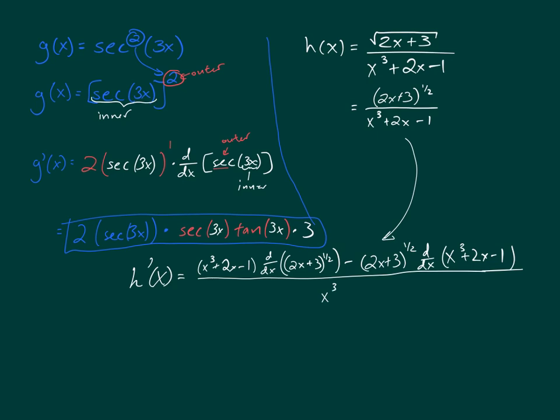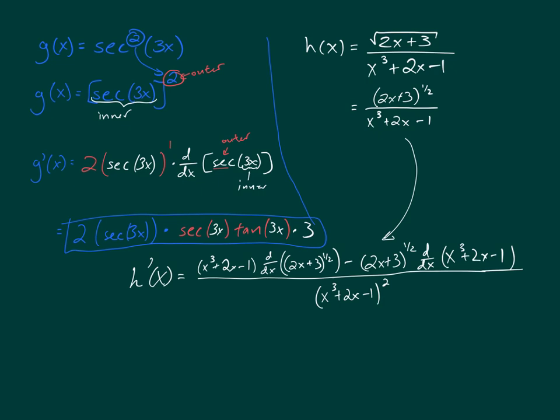So x cubed plus 2x minus 1 squared. All right. So now the only thing we have left to do is to find these derivatives here, and we'll be done since there's no simplifying needed for these exercises.